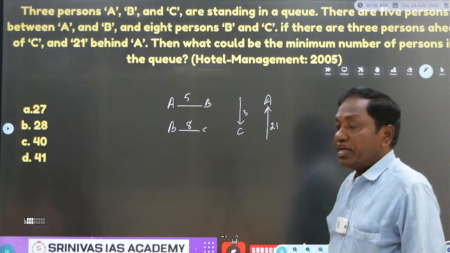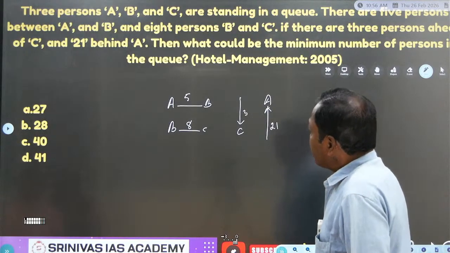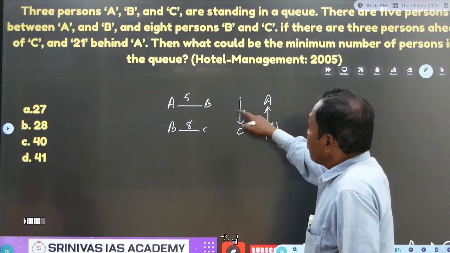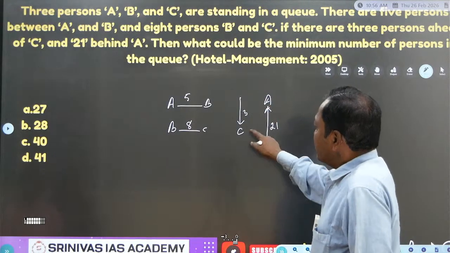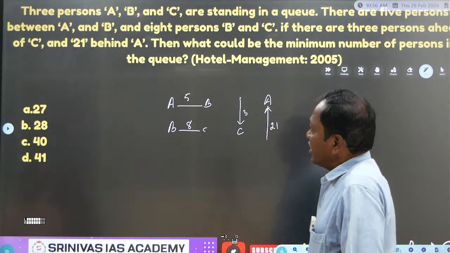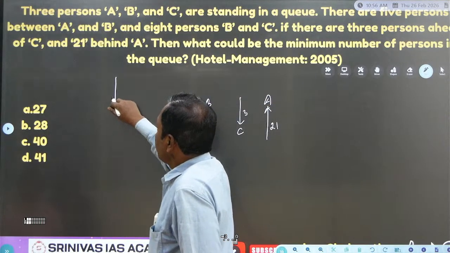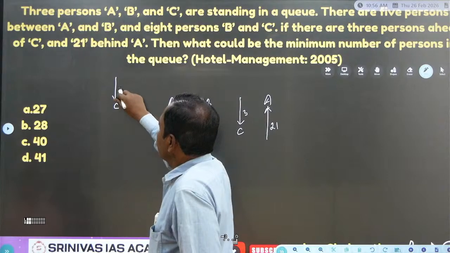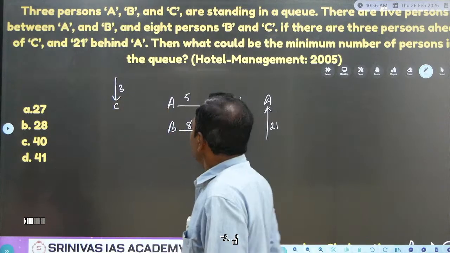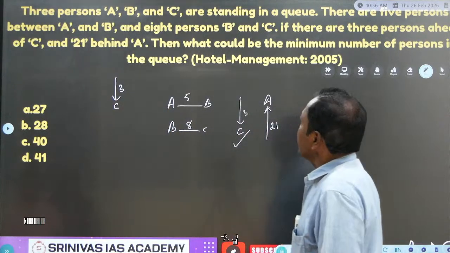We have to align everything. Now what is the simple one here? Total is not given. 3 persons are ahead of C. It means you can write, this is C, and how many are here? 3. So this information has been taken.